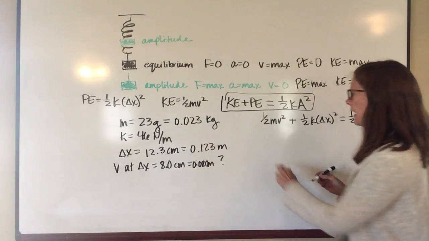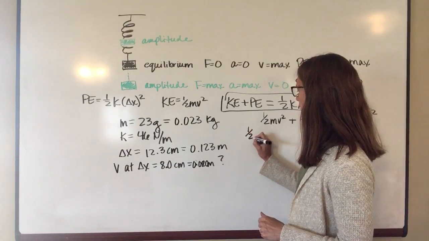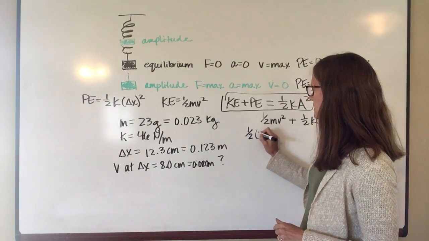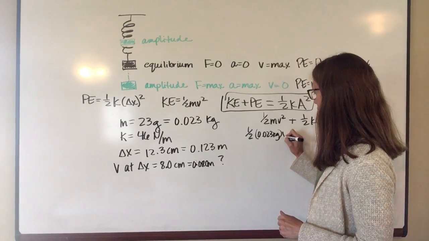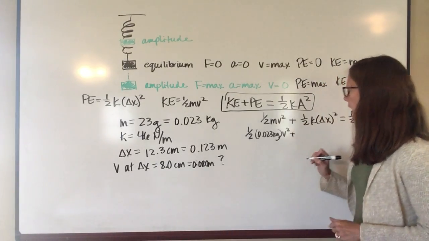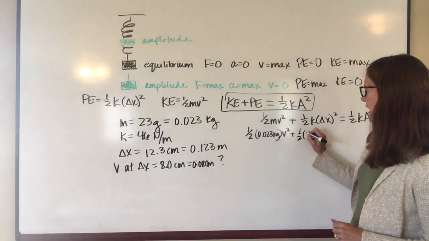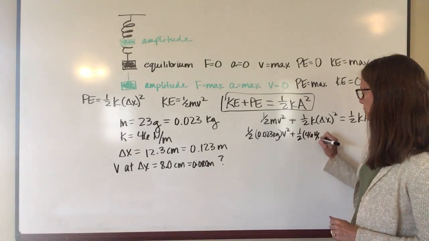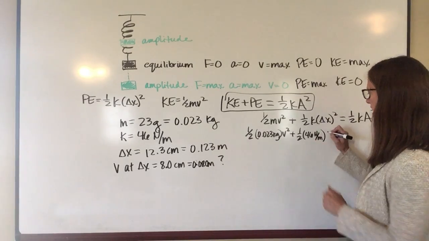So what I want to know is the velocity. So I know 1/2, and my mass is 0.023 kilograms. I don't know what the velocity is. That's what I'm trying to find. The potential energy is 1/2 times K, 46 newtons per meter, times delta X squared.